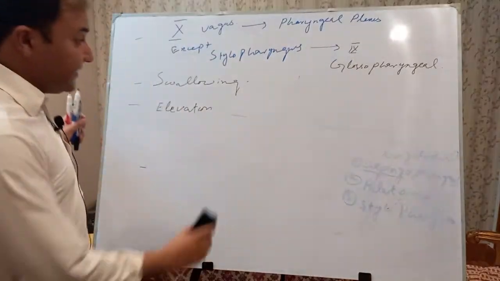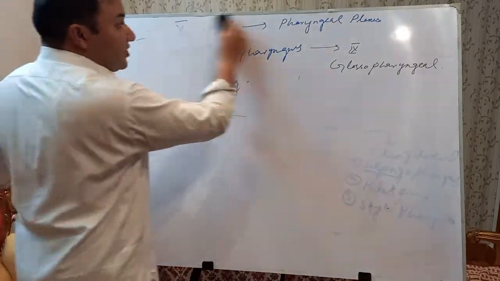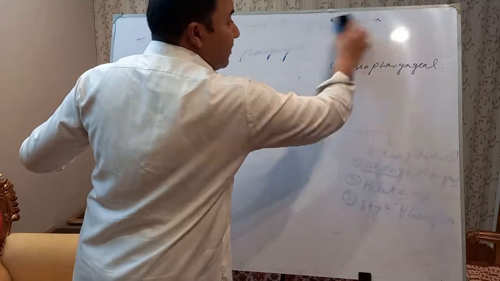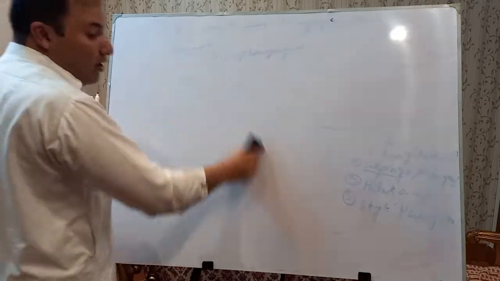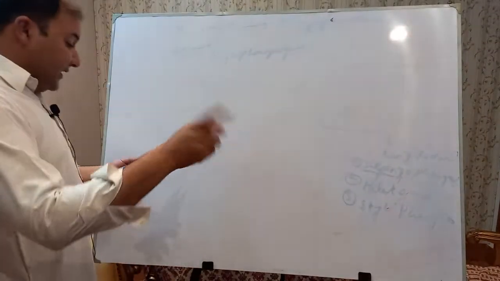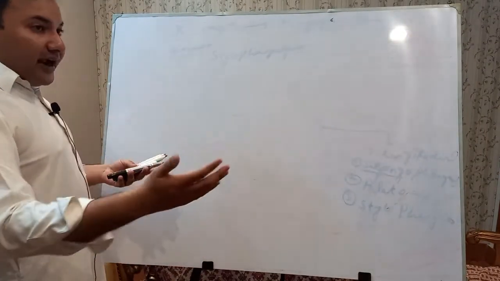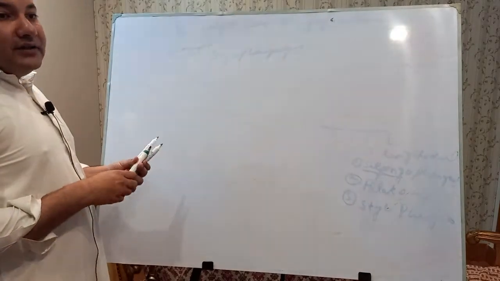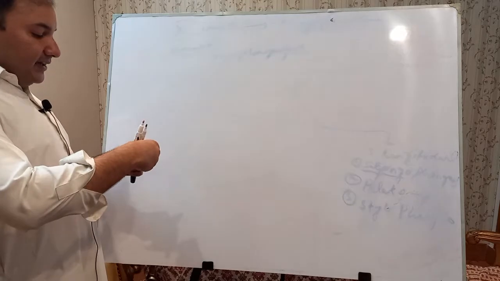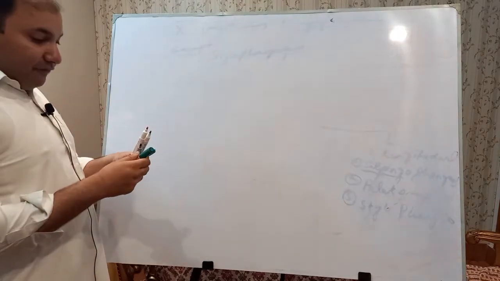Now we discuss the origin and insertion of these six pairs of muscles: six present on the right side and six on the left side of the medial line, that is the pharyngeal raphe.